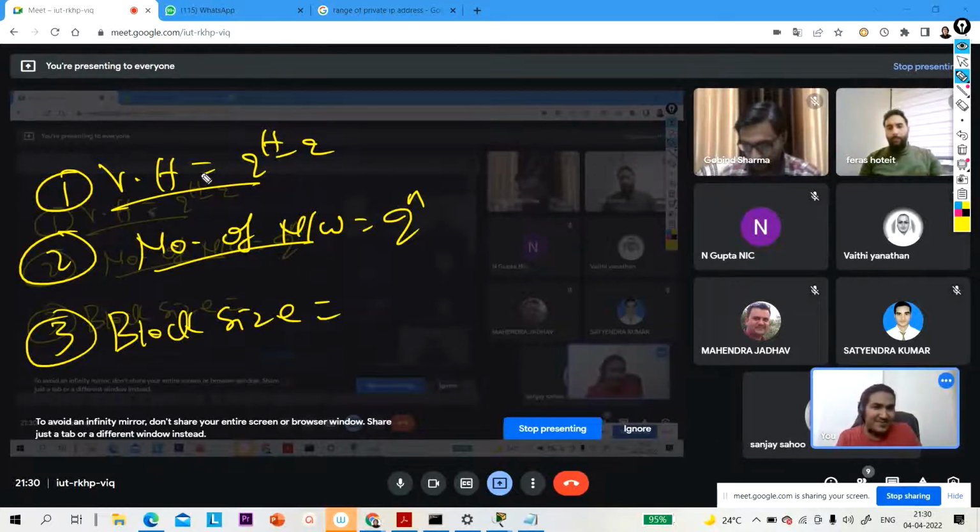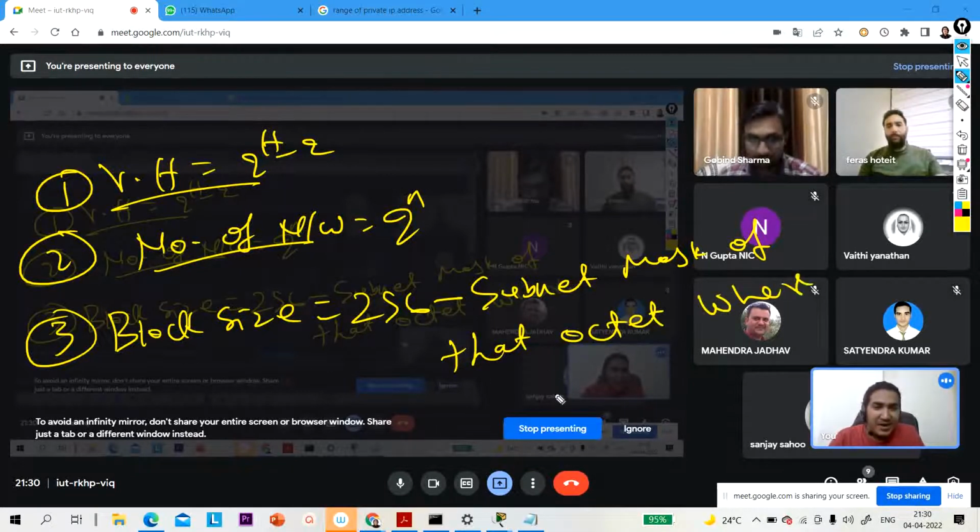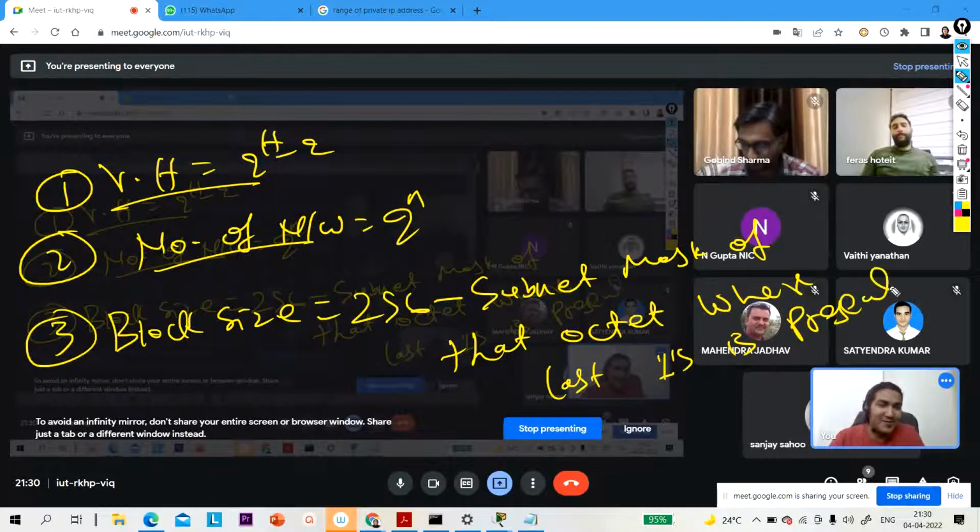And the formula of block size is 256 minus the subnet mask of that octet where the last one is present. These 3 formulas.